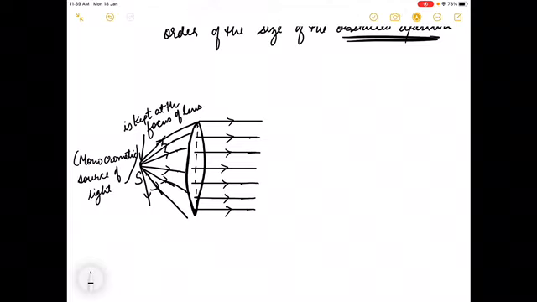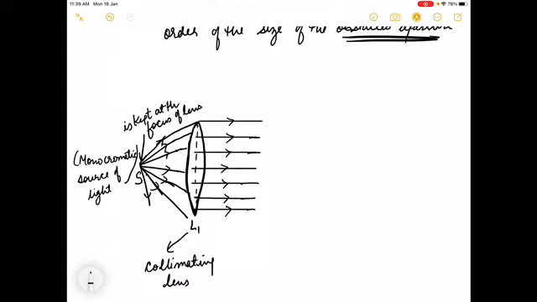So in order to make the light rays come from infinity, we put the monochromatic source at the focus of this convex lens, right? This is L1, and we call this the collimating lens, right?